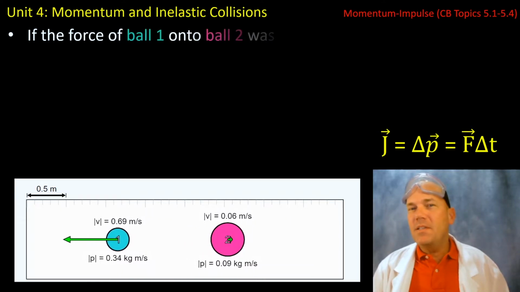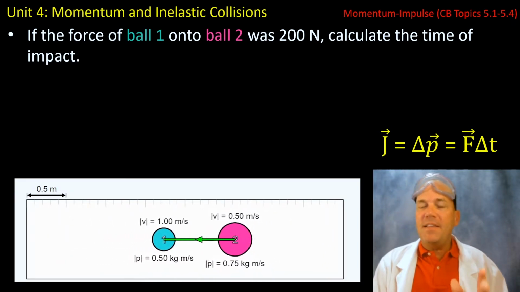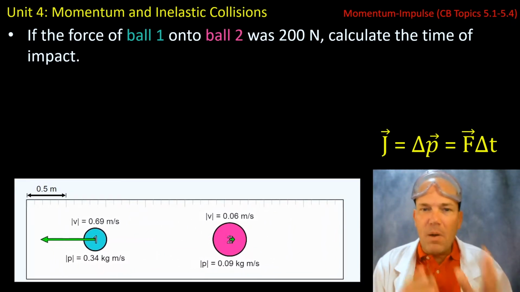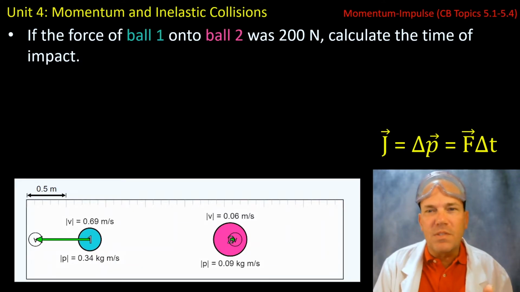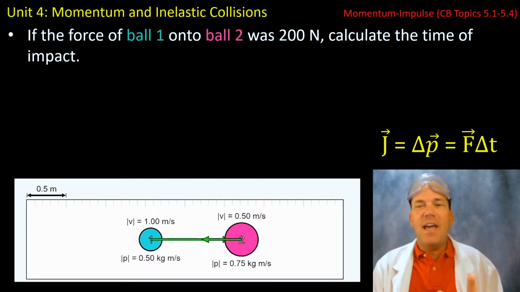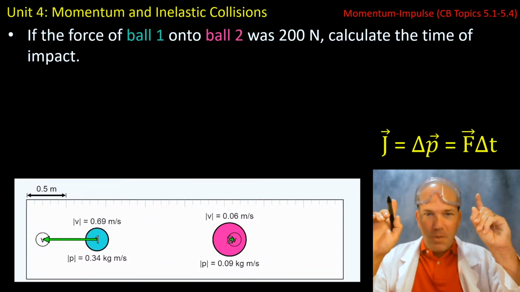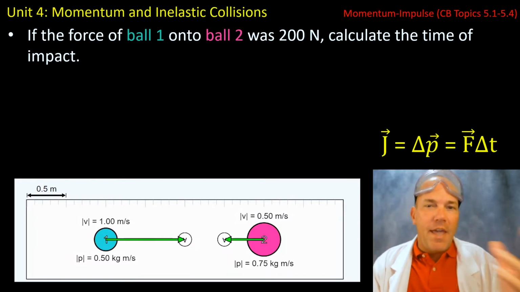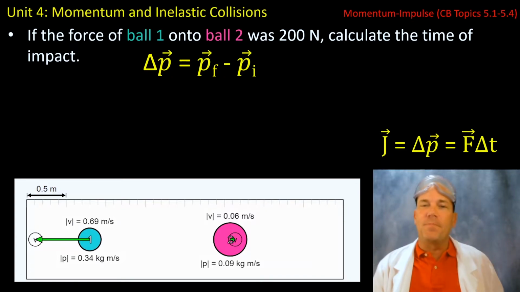Now we're going to look at calculating the time of impact. So you're given the fact that the force of ball 1 onto ball 2 was 200 newtons, and you're being asked to calculate the time of impact. We're going to use the go-to equation right here, and we're going to look at the individual momentum.